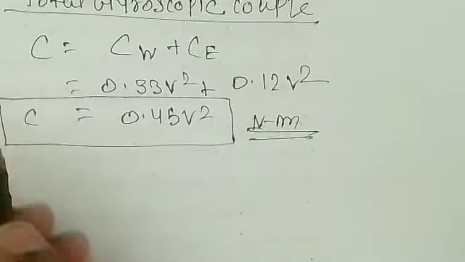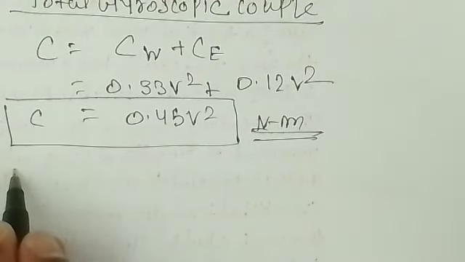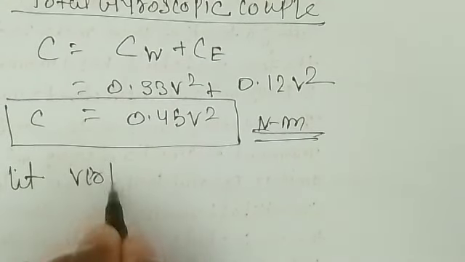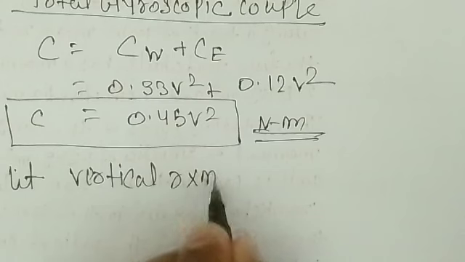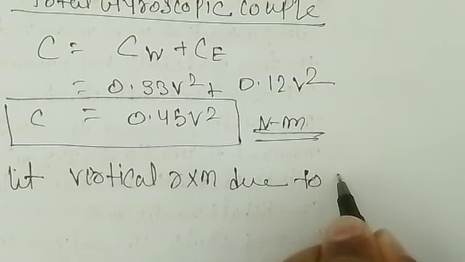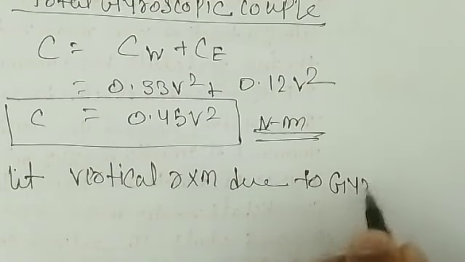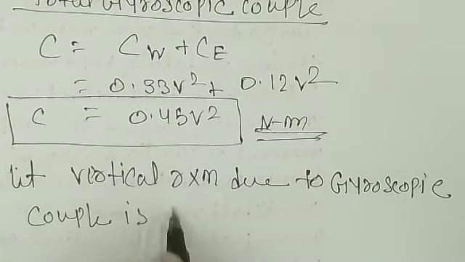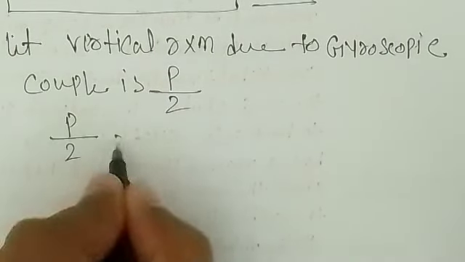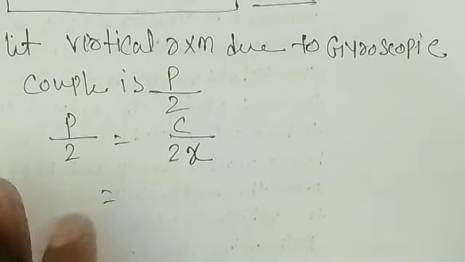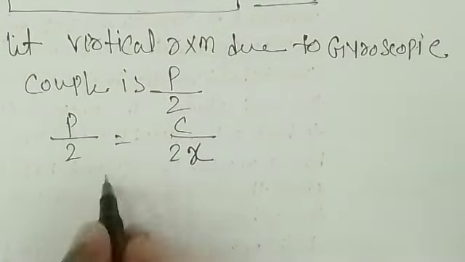So you can say here the vertical reaction due to this gyroscopic couple is P by 2 on the outer and inner wheel, right? So we have a P by 2 value, that is C by 2x. Okay, this discussion we already did, so you can check in the previous videos. So P by 2 is equal to C by 2x.